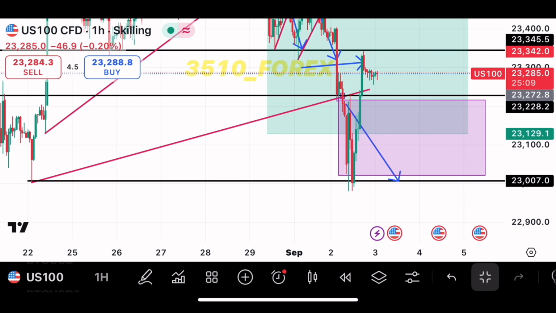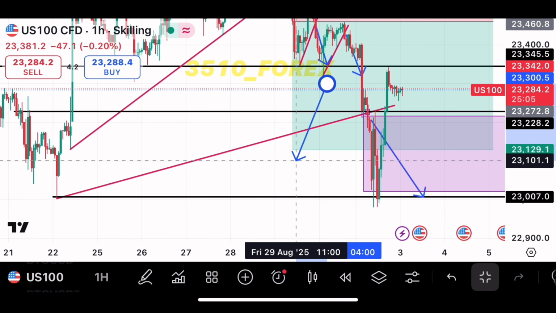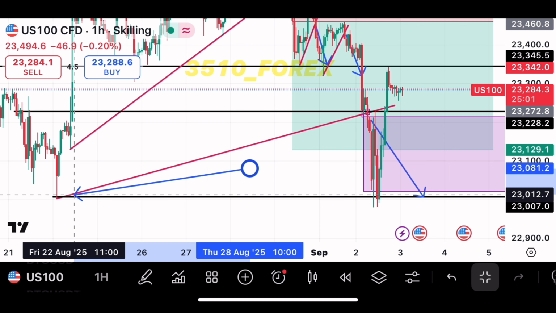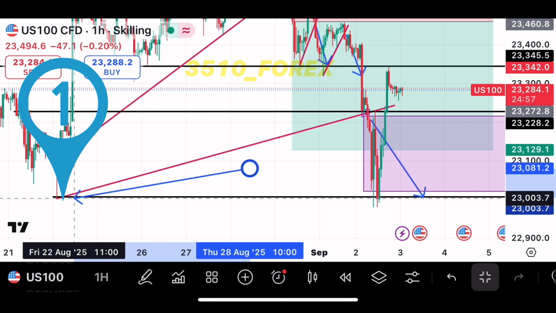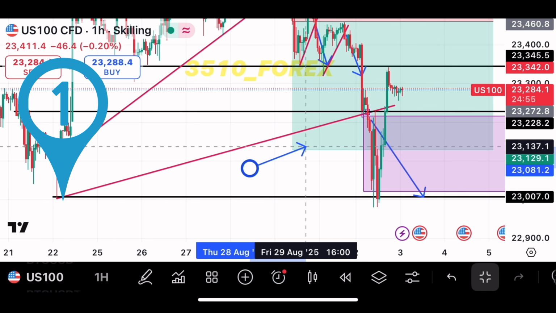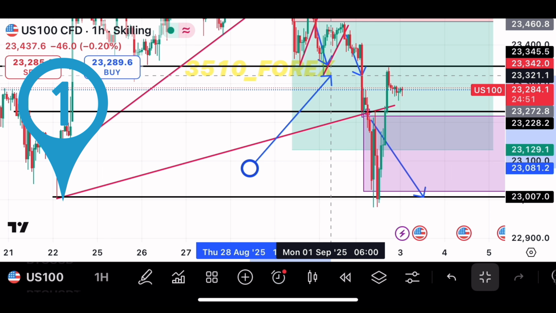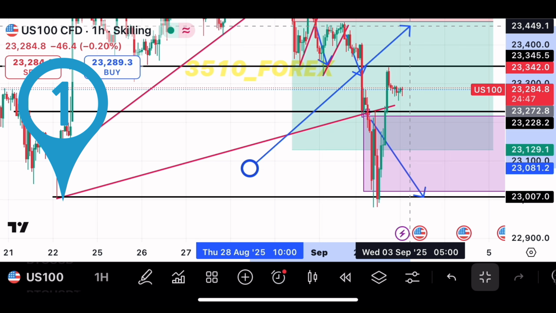And at this point, okay, I see that we are around here, and I just add my main touch 1 right now. This is so big right now. I add touch 1, and I search for touch 2, which was here, and I extended my trend line to see clearly if it happened.